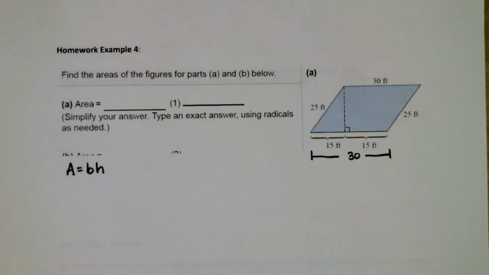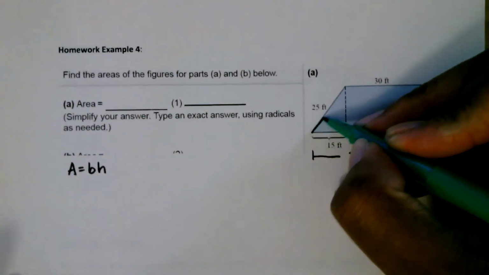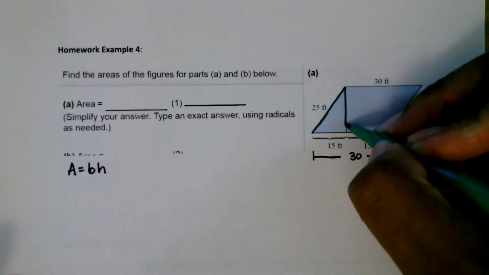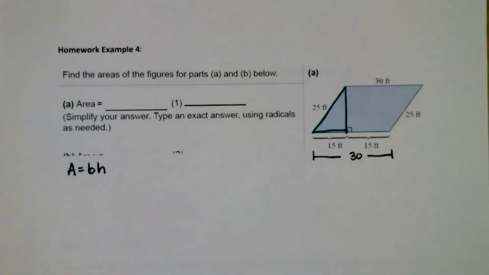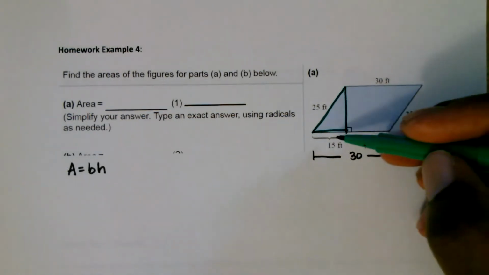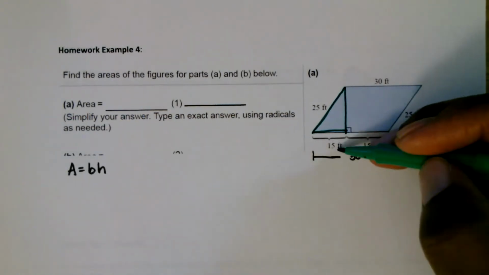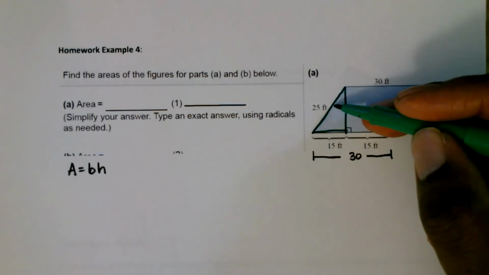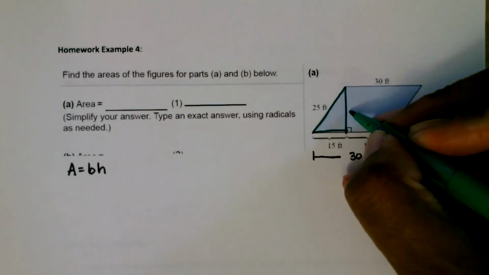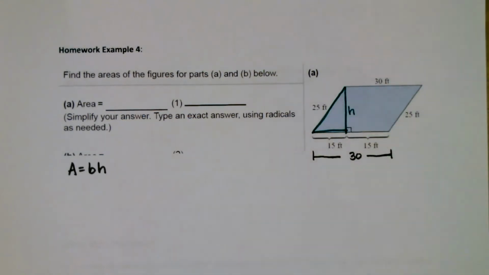So let me focus on this triangle that I'm going to trace in green, because I know the length of this side is 15 feet. And I know the length of this side, that's the hypotenuse, which is going to be 25 feet. I need to find out what h is. That's the height of this parallelogram.